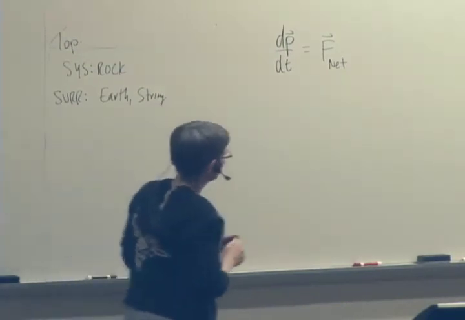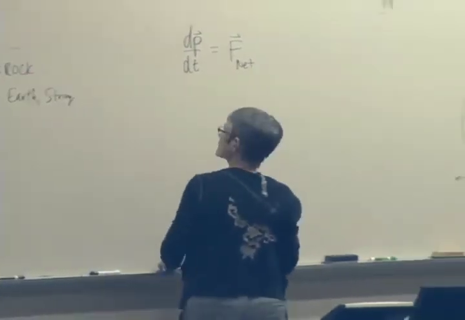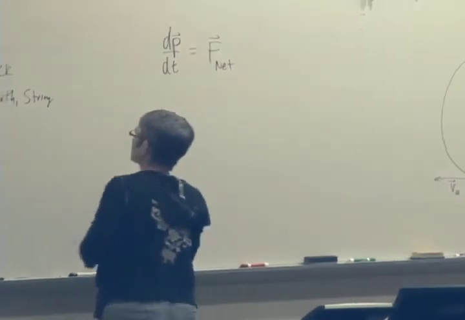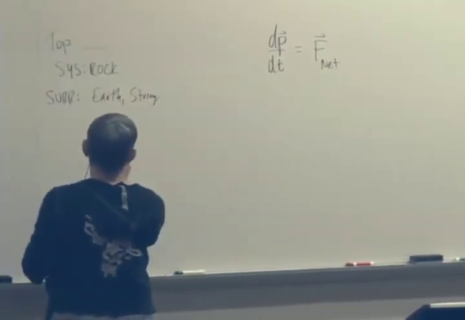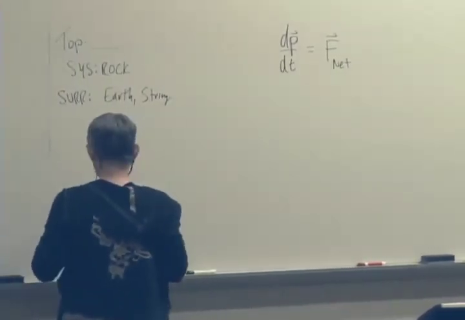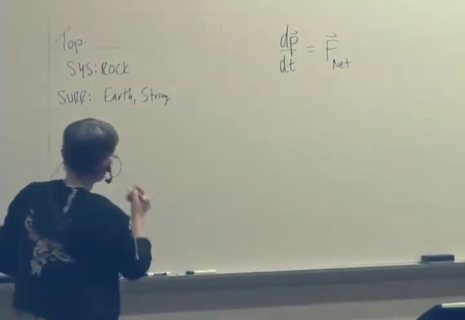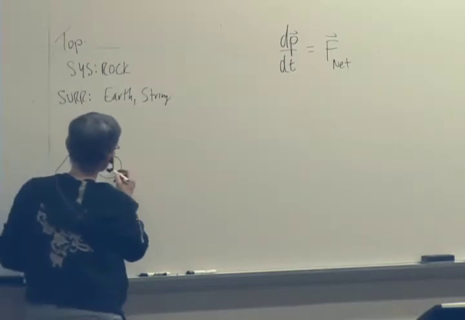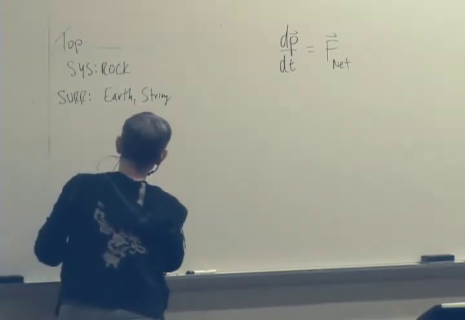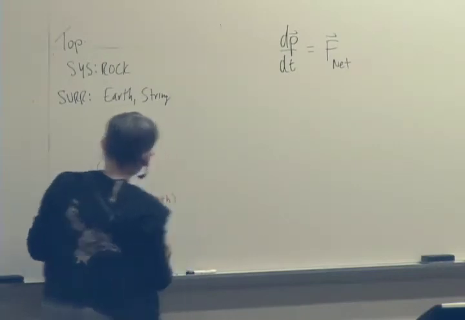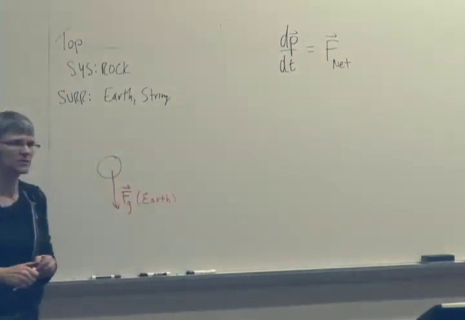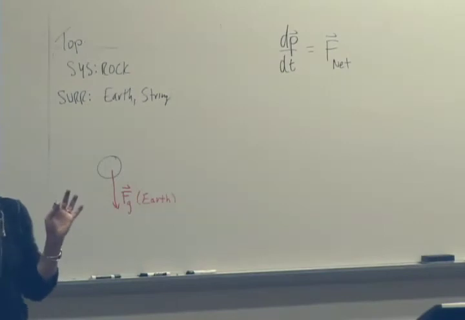So now we need to draw a force diagram for that instant. So here's the rock. Gravitational force due to the earth goes down, of course. We write gravitational force, and then we put Earth in parentheses to show that it's associated with a real object in the surroundings.